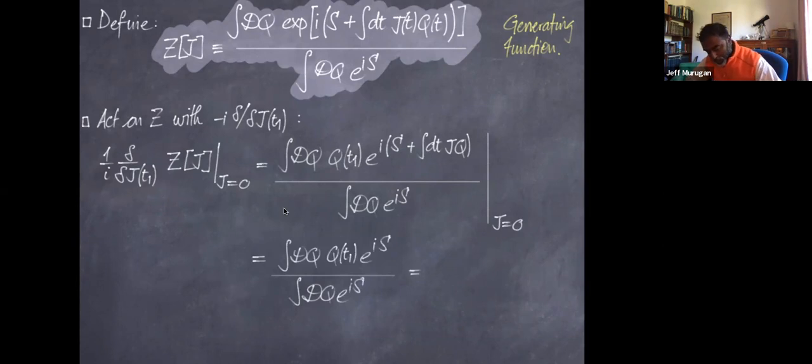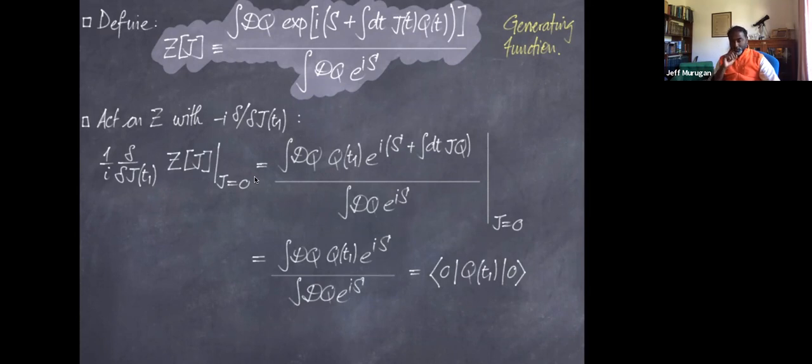And this is precisely the one-point function. So differentiating once with respect to J computes for us the one-point function, <0|Q(t1)|0>.